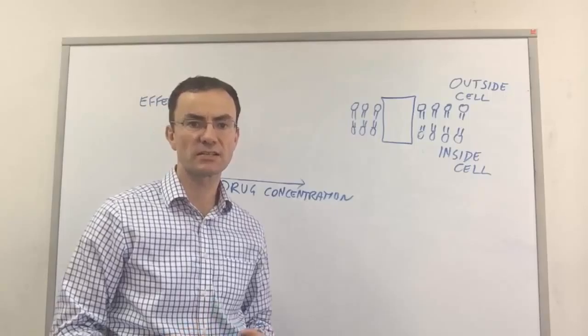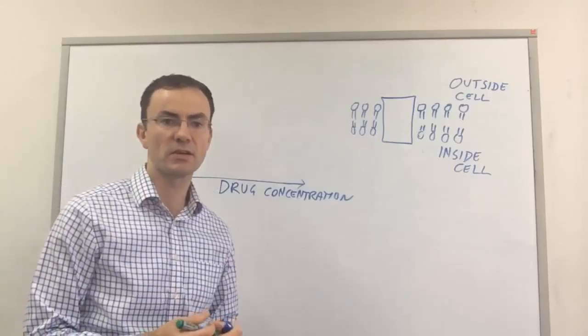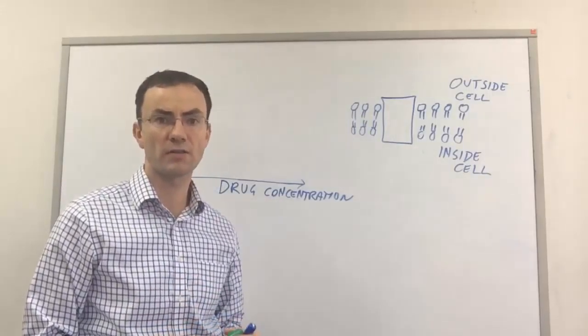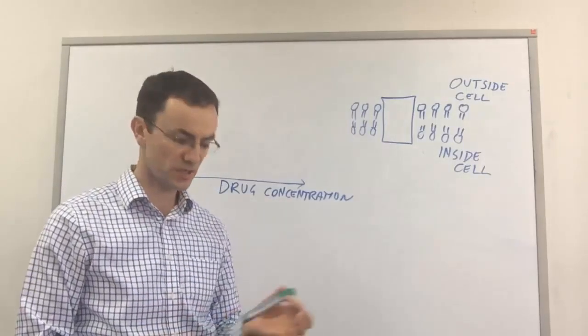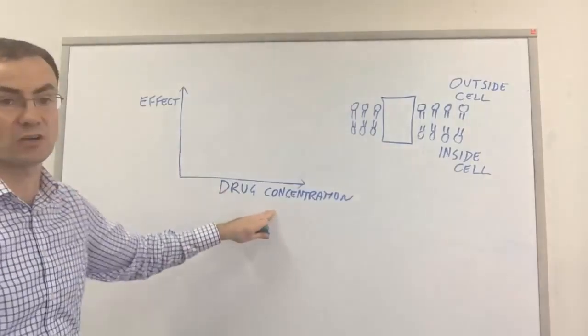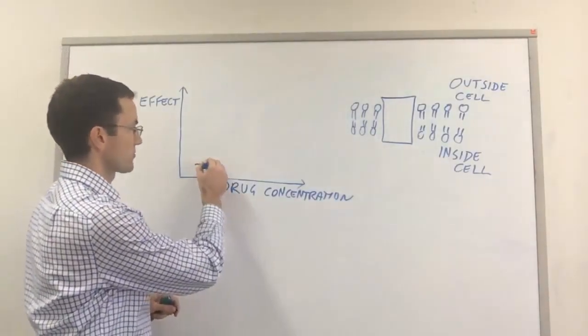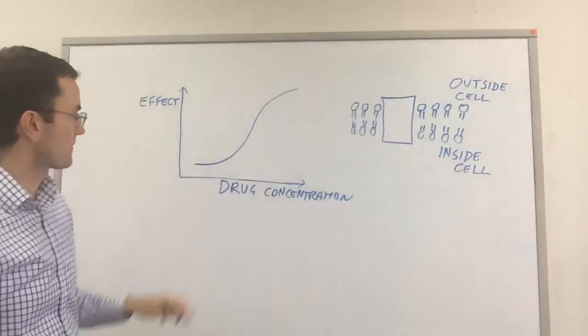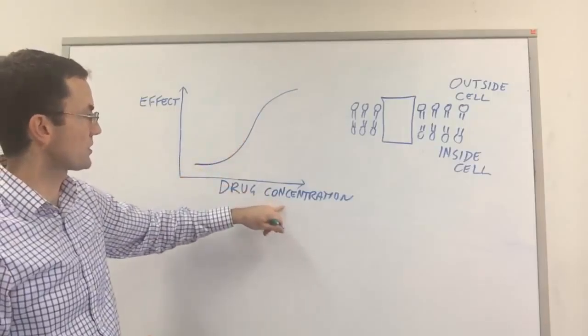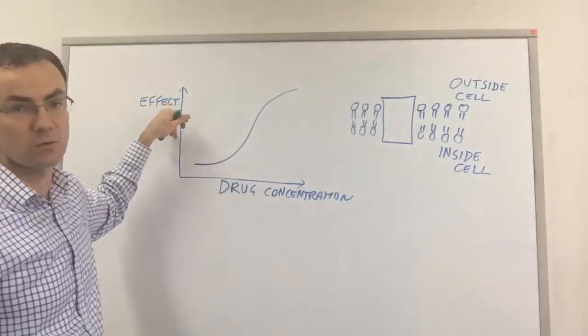So there's a general consensus, which is absolutely correct, that the lower the EC50, the higher the drug potency. That's absolutely true. So if we plot the effect of a drug versus the drug concentration, as we saw in the recording, you can see an effect like this, where the more drug you give, the greater the effect will be.